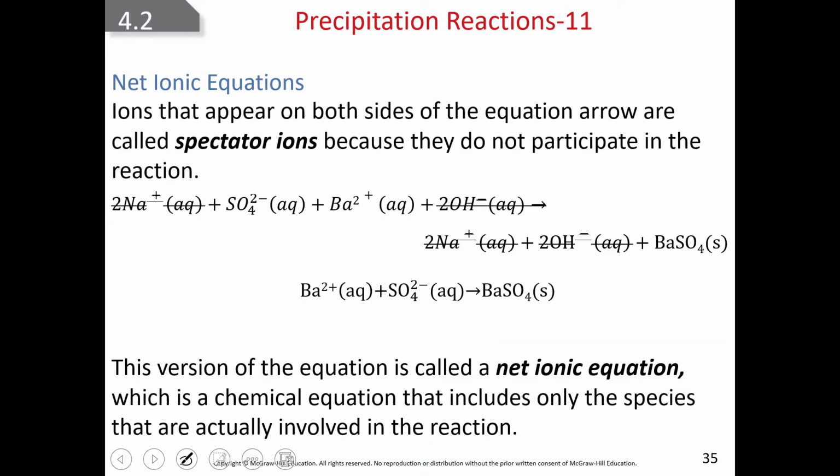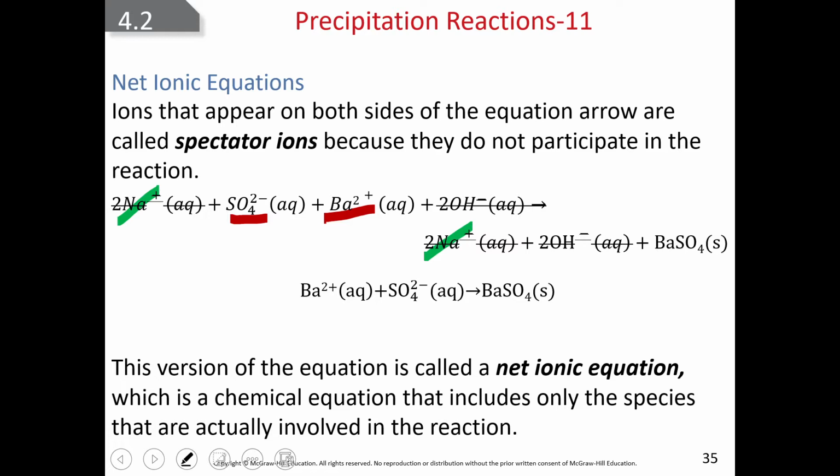okay, what's going on here? Well, what's going on is that I have sodium on the left and sodium ion on the right. They will cancel out. They are the same on both the left and the right side of the arrow, so they will cancel out. I look at sulfate anion. There's no sulfate anion on the right-hand side, so it stays. I look at barium ion.